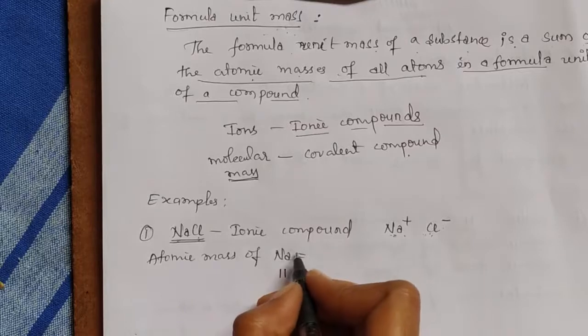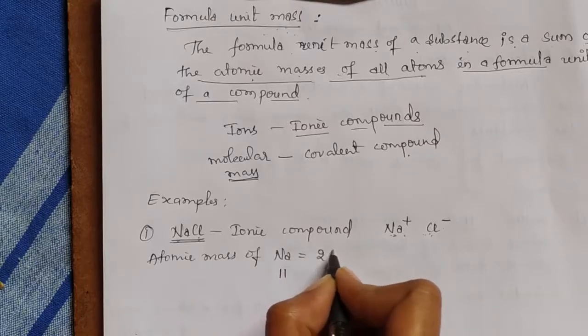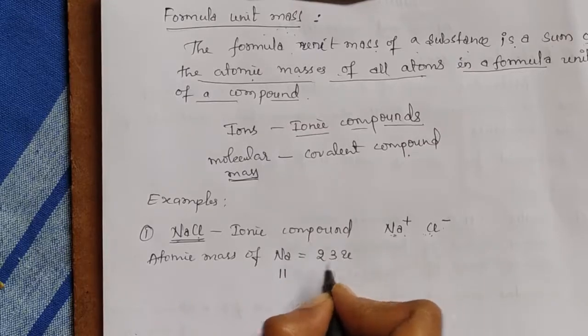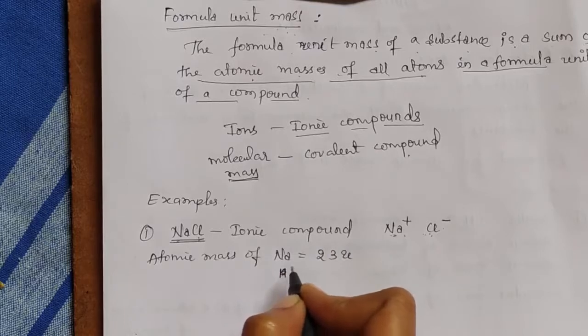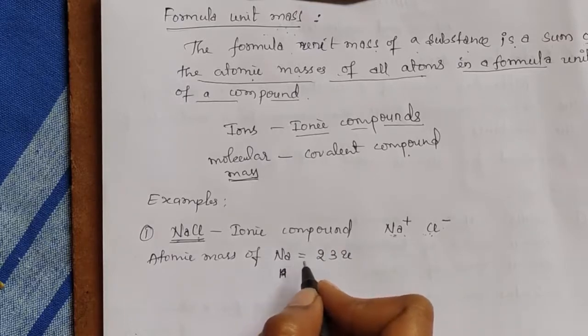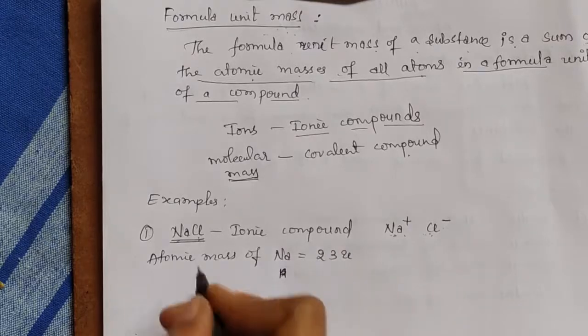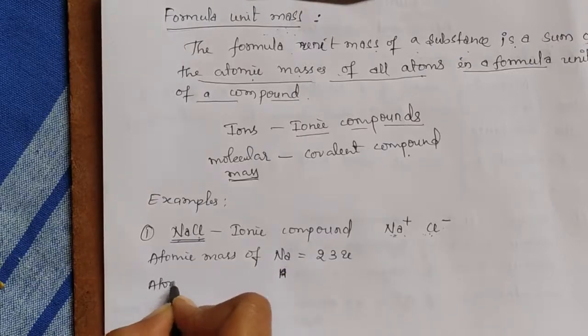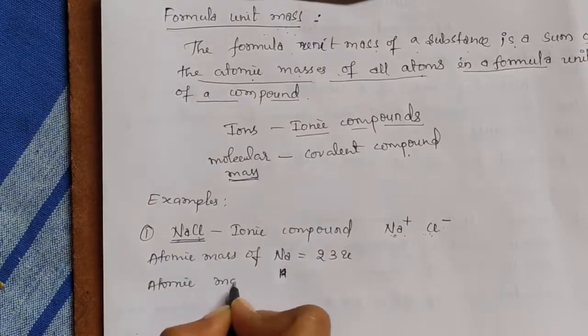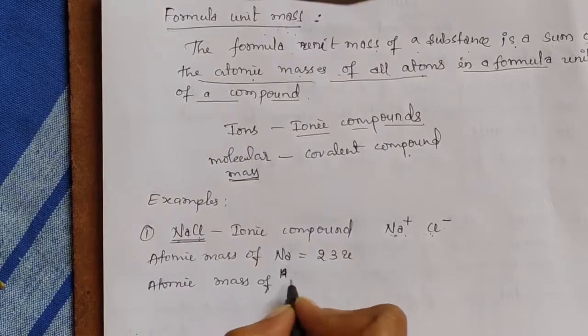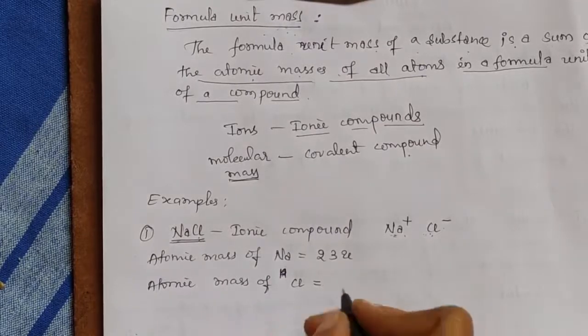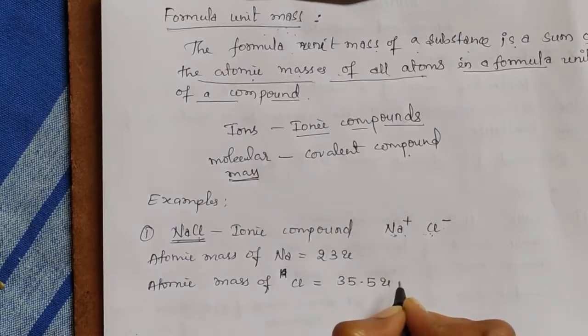So, atomic mass of sodium is actually 23 atomic mass unit. It may vary by 1 or 2 points. Next, atomic mass of chlorine is 35.5 atomic mass unit.